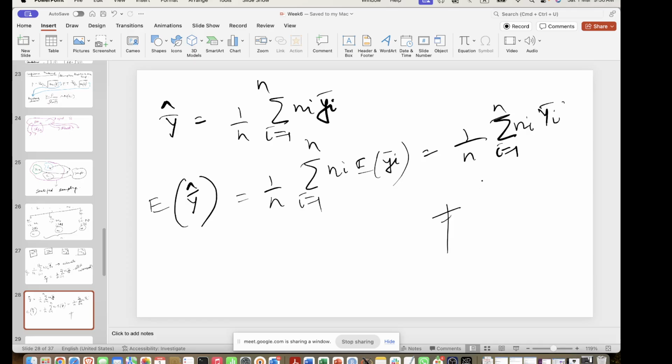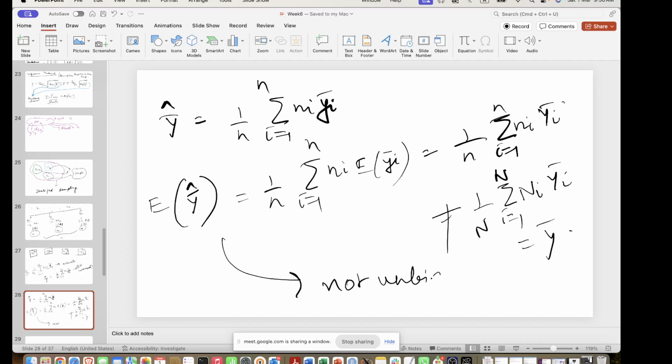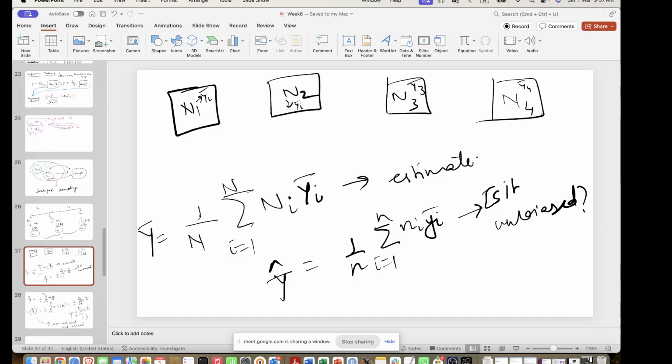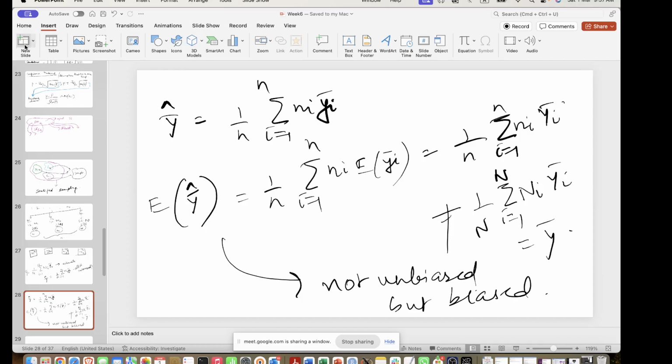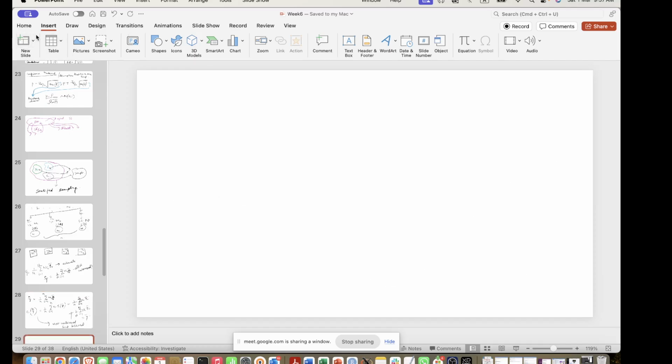But this is not equal to 1 by n summation i equal to 1 to n of capital Ni Yi bar, which is equal to y bar. So this measure is not unbiased but biased. This is of course an estimate, but it is not unbiased.